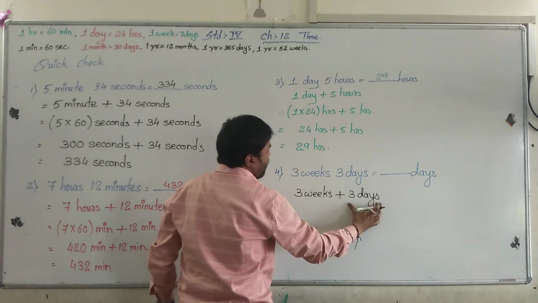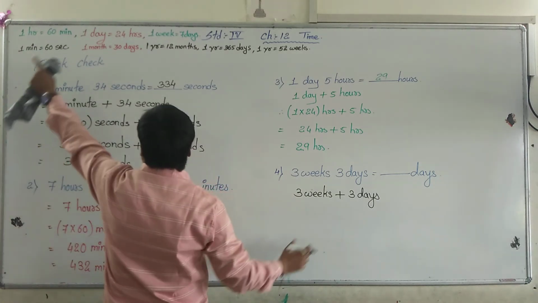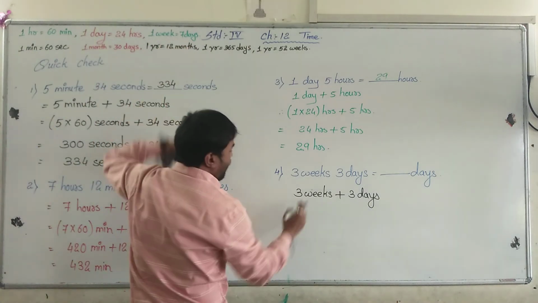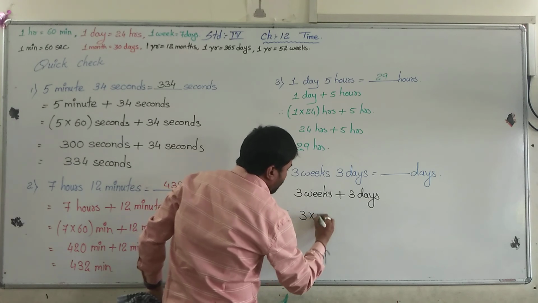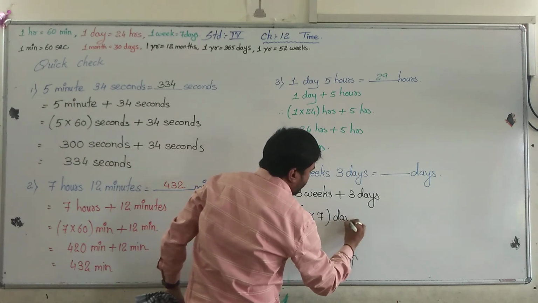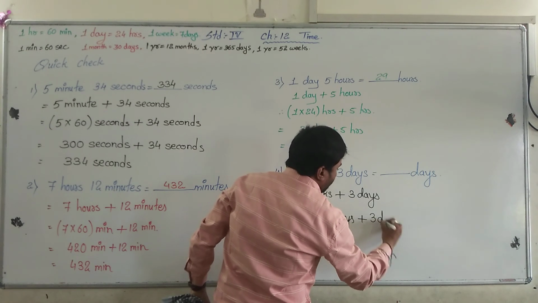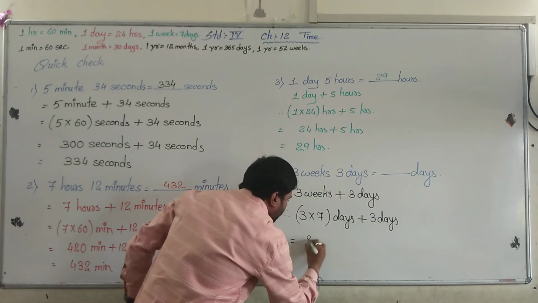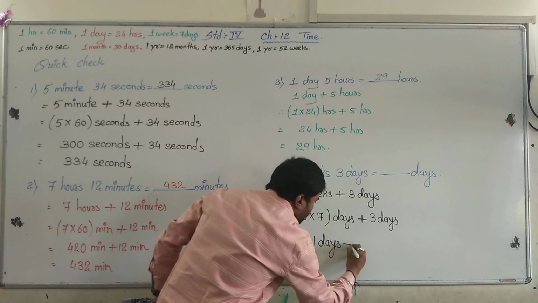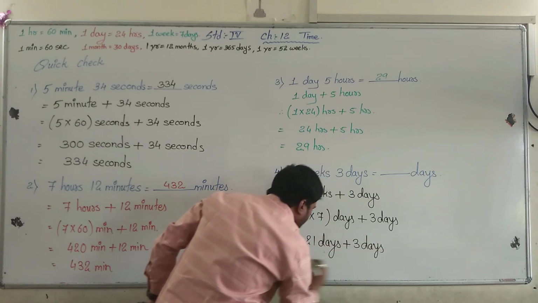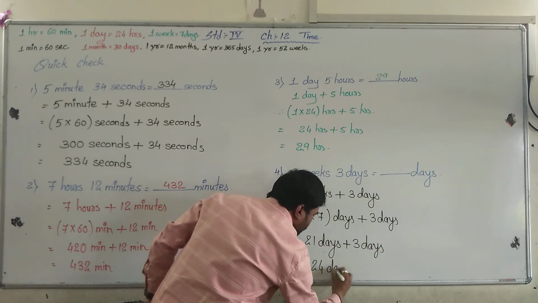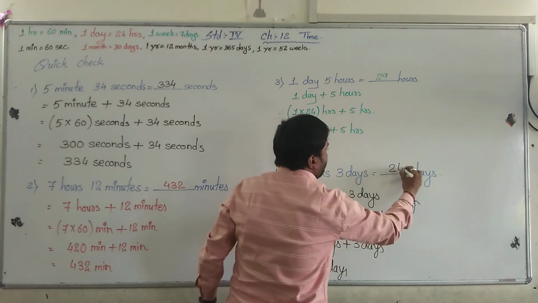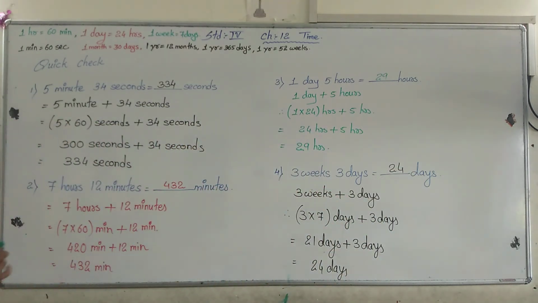I am not going to convert days, I am going to convert weeks. 1 week is equal to 7 days, so 3 weeks will be 3 multiplied by 7 and it will convert into days, plus 3 days. 3 7s are 21 days plus 3 days and that will be 24 days. So in this way we can first split the two quantities and then try to convert those things in which we have to find the answer. Okay, got it?